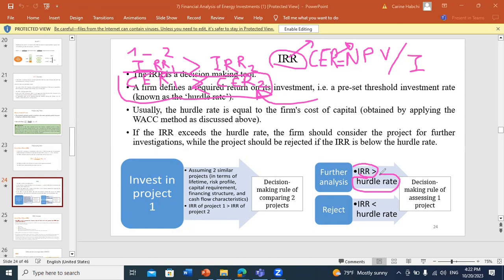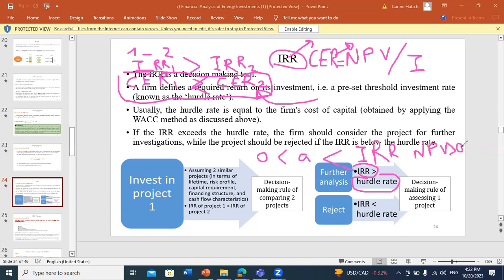The discount rate, of course, should be smaller than the internal rate of return, because for any A between 0 and the internal rate of return, the net present value at the end of lifetime will be larger than 0.